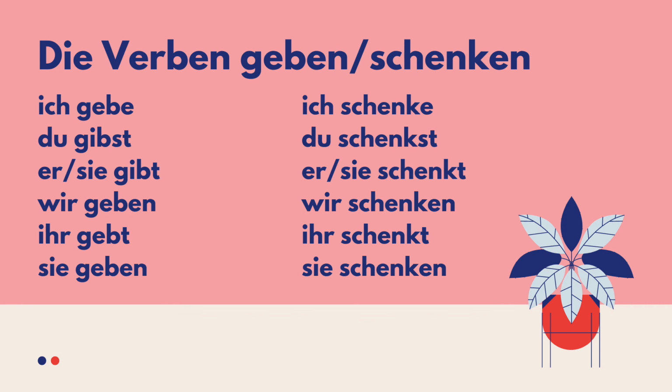Ich schenke, I give, du schenkst, you give, sie schenkt, he, she gives, wir schenken, we give, ihr schenkt, you give, sie schenken, they give. So it can be conjugated like this.